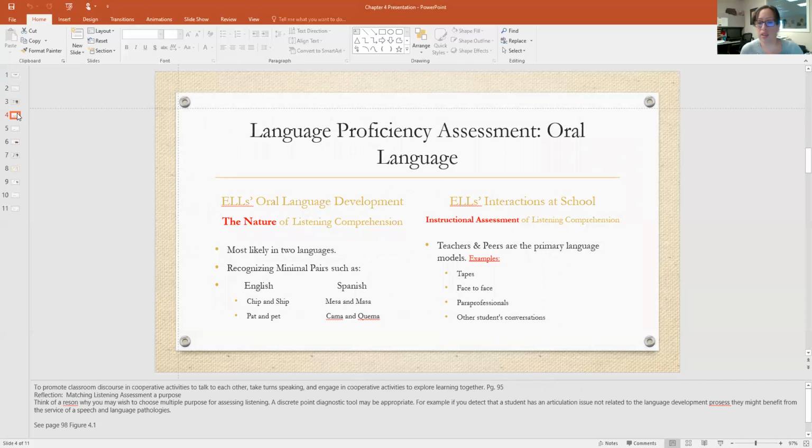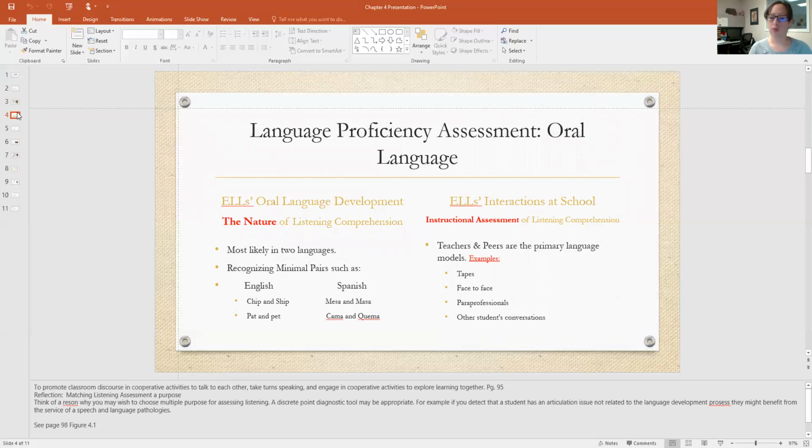So language proficiency assessments. I want to take a look at language development and interactions at school. Let's look at language development first: the nature of listening comprehension. Most likely it's in two languages, recognizing minimal pairs.